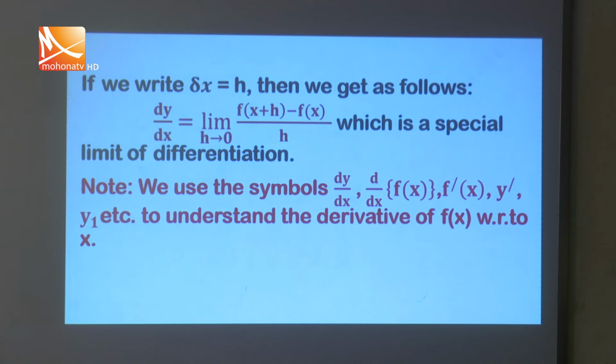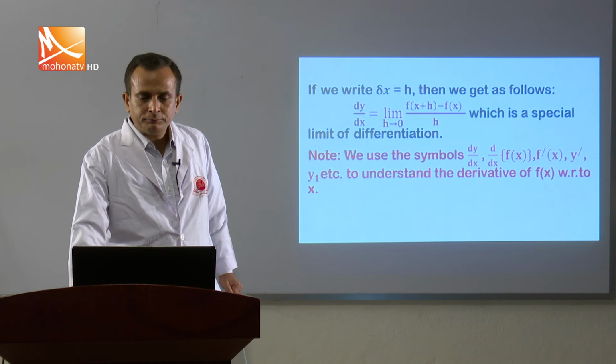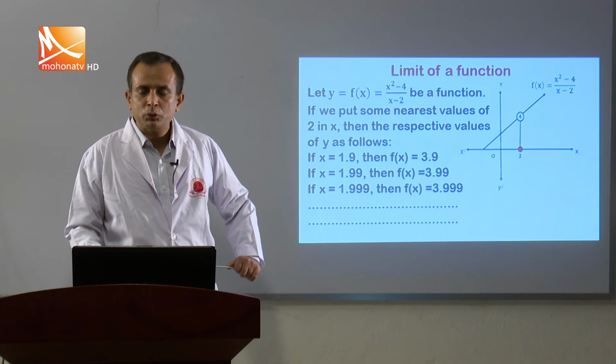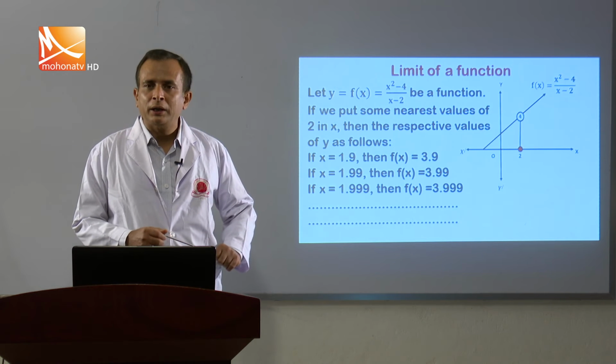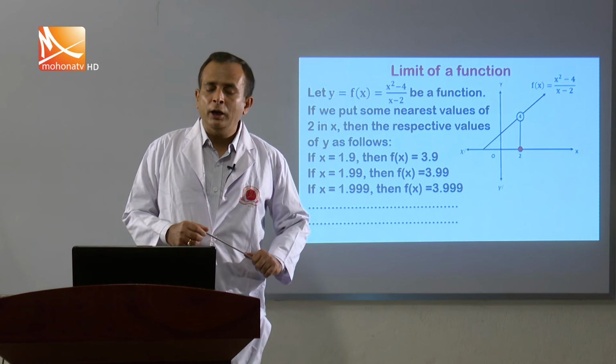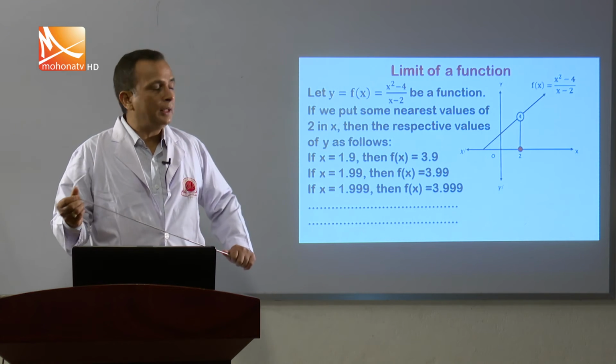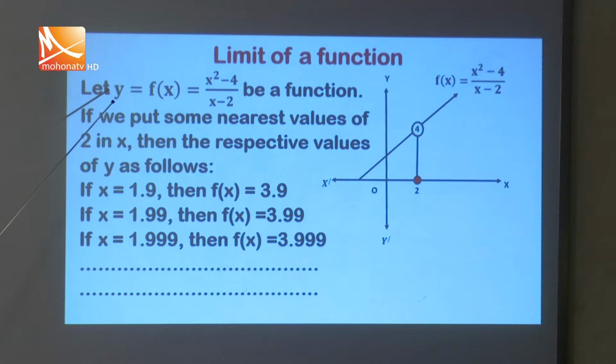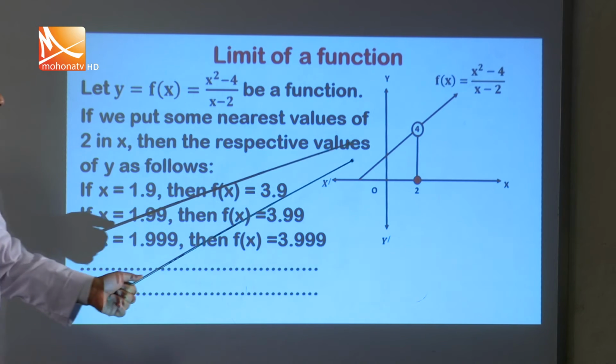Okay. Dear students, now we are going to see the limit of a function with the help of an example. Let y = f(x) = (x² − 4)/(x − 2) be a function, which is represented by this line.